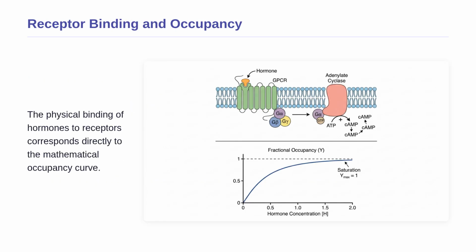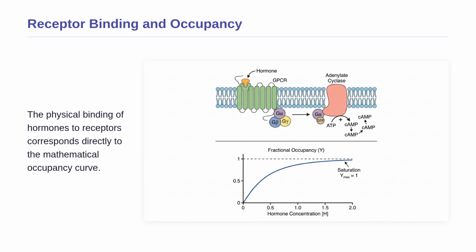Let us visualize everything we have learned. On the top of this diagram, you can see the physical process of signal transduction. A hormone binds to a surface receptor, specifically a G protein-coupled receptor, which then activates adenylate cyclase to produce secondary messengers inside the cell. On the bottom, we see the mathematical reality of this process, plotted on a graph.